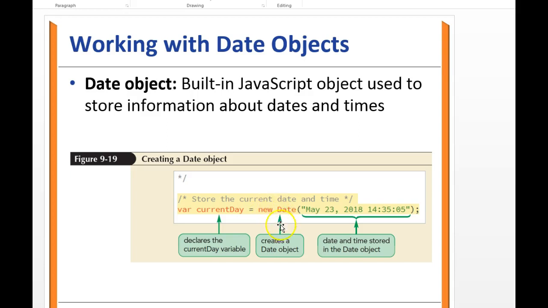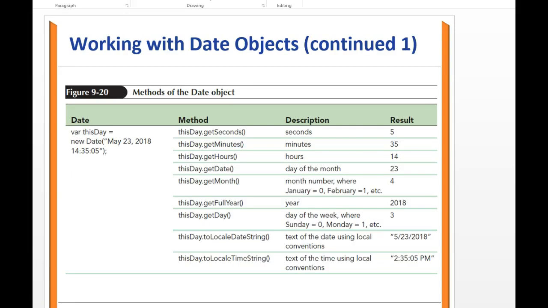So new Date creates a date object. And this variable currentDay declares the currentDay variable. So we can put var currentDay = new Date. When we put new Date, we are creating that date object. And here we have the date and the time stored in the date object.